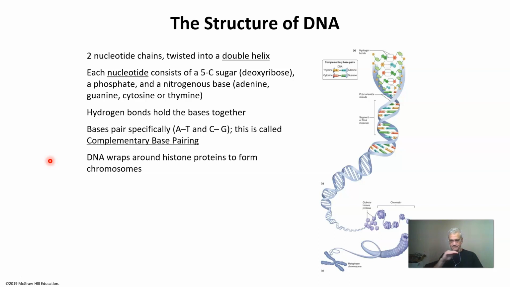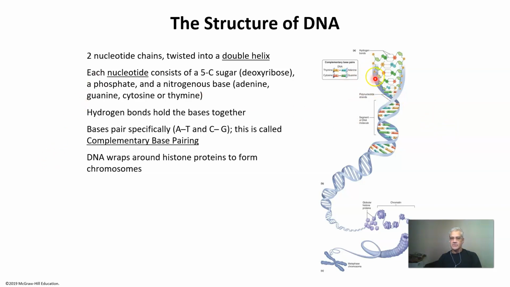You've all seen ladders. Now, if it were a flexible ladder, and you could twist that ladder, then you would get this spiraling kind of ladder, a spiral staircase, if you will. That is a double helix, right?